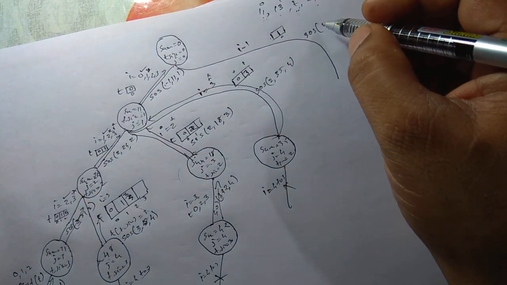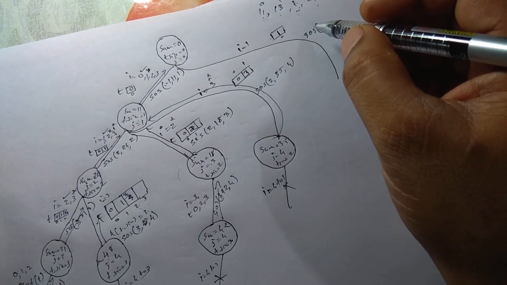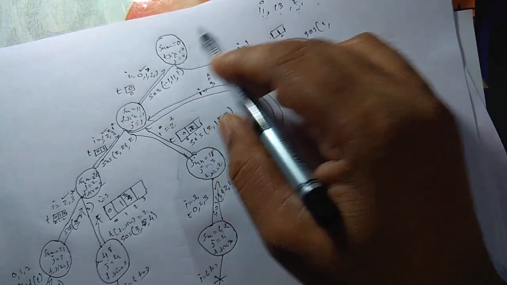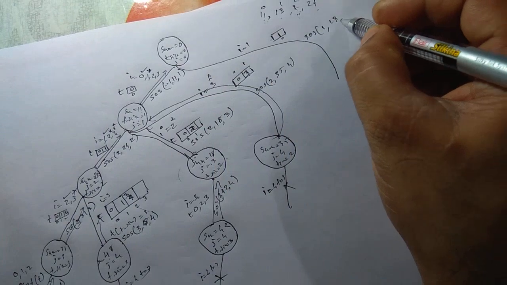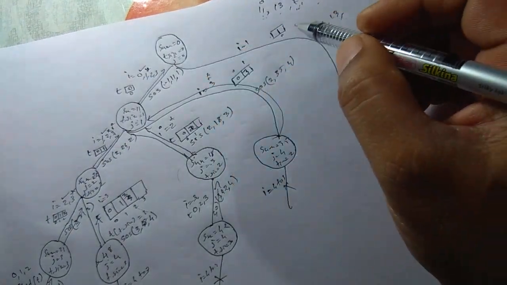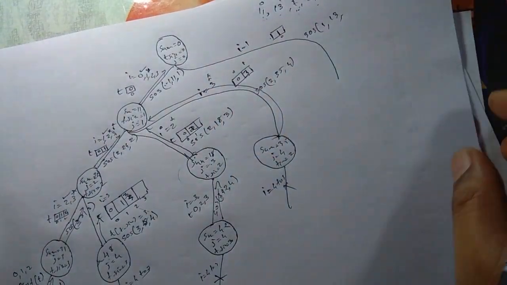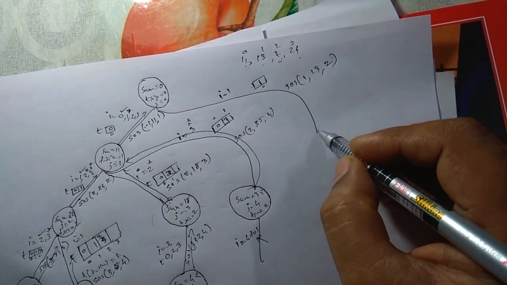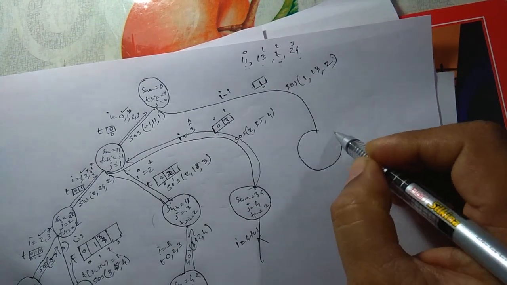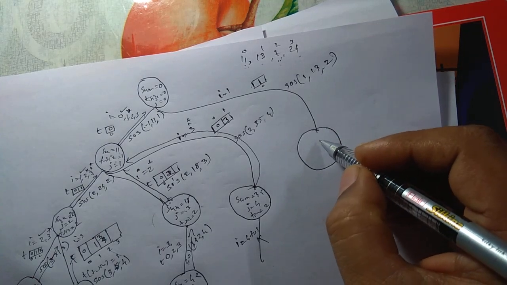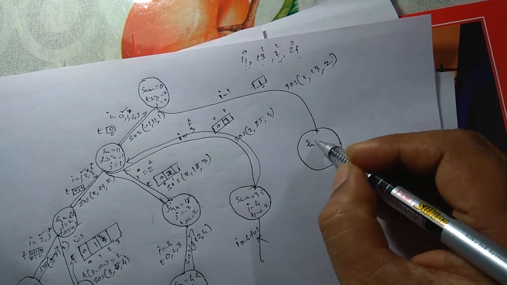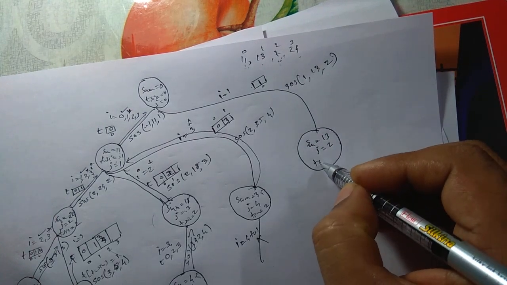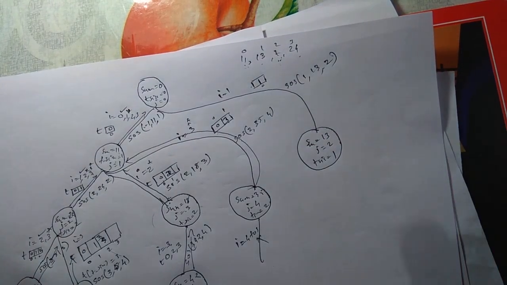Then sum plus S of I. I is 1. Here sum is 0, 0 plus 13, sum 13, and I plus 1. I is 1, it will become 2. Okay, it is generating a new node with sum equal to 13, j equal to 2, t size equal to 1.